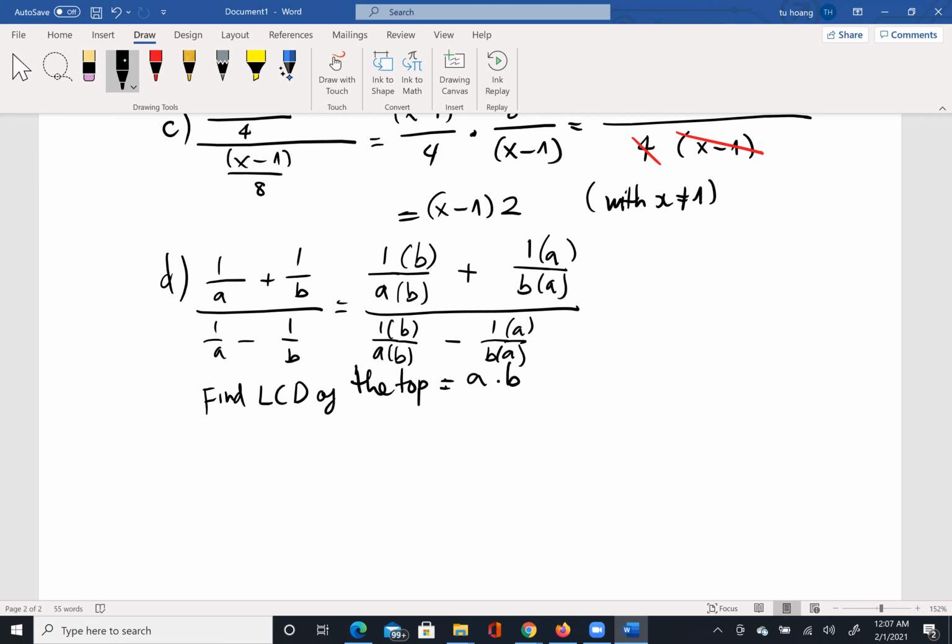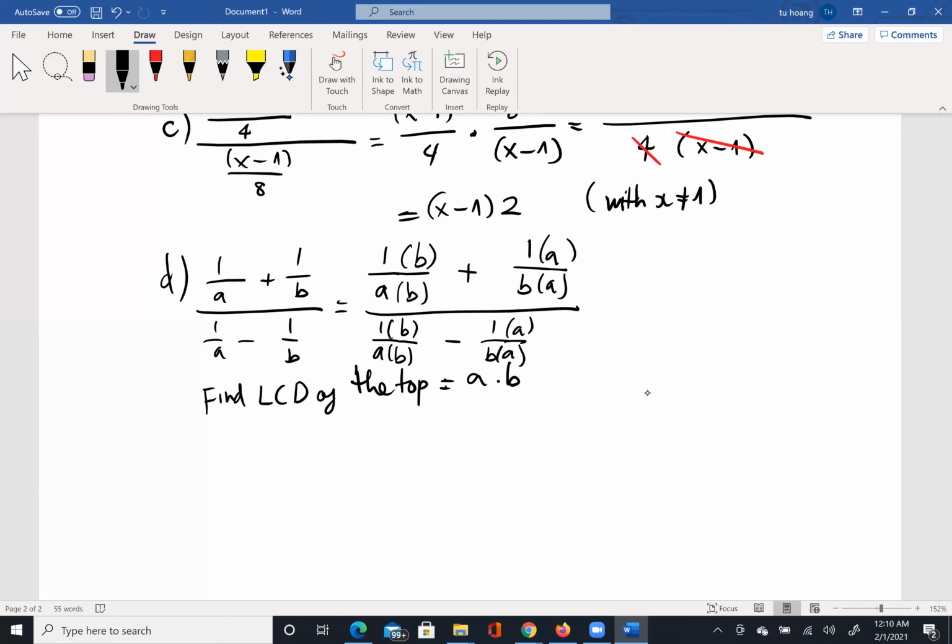Okay. So instead of find LCD here, I'm going to say the LCD of a and b is actually a times b, right? So top and bottom both use LCD ab.